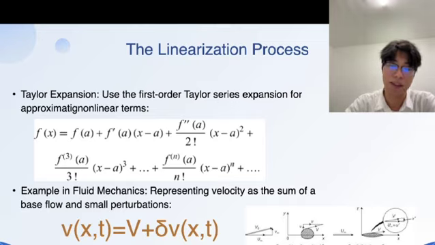For example, consider the velocity of the fluid: V of x and t equals V plus delta V of x and t, where V is the base constant velocity or steady-state velocity. Delta V of x and t represents the small perturbation. By substituting this approximation into the governing equations, we can linearize the equations and work with these perturbation terms only.